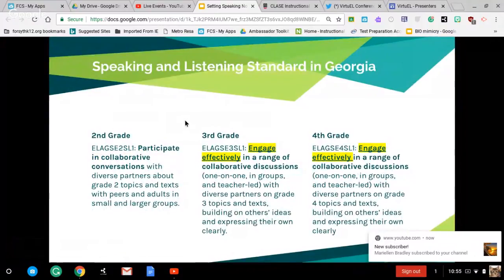All the standards talk about how you have to engage effectively in conversation. So, yes, and this also sets the stage to have a classroom where everybody has a voice. This is what I feel.